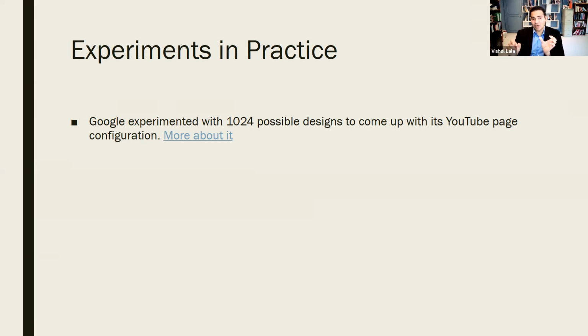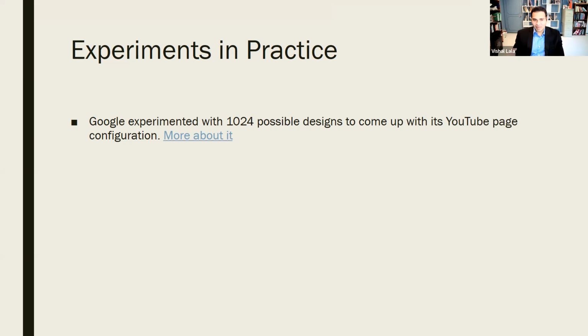The word sign up should be in all title case or all uppercase. The background should have been one of 4 backgrounds, and a few other such subtle things. And when they put it all together, they realize they have 1,024 possible combinations of these subtle changes to the YouTube homepage.